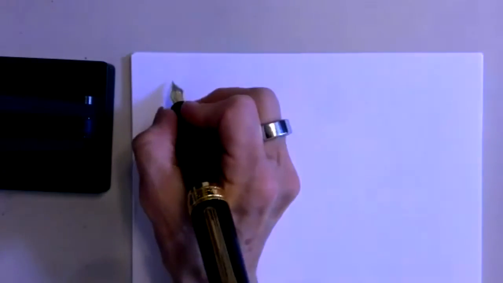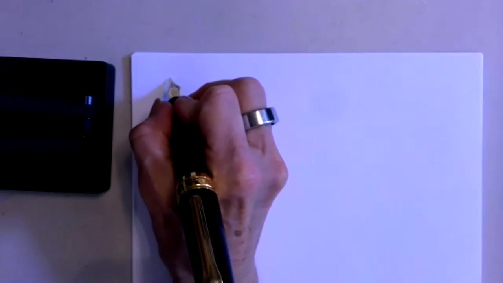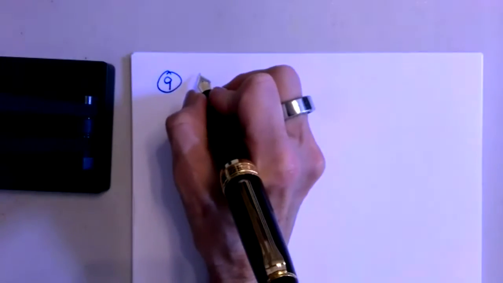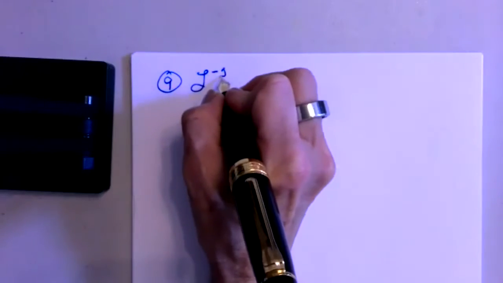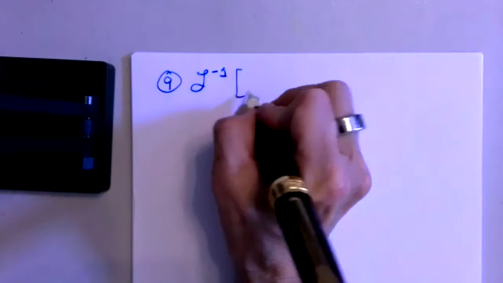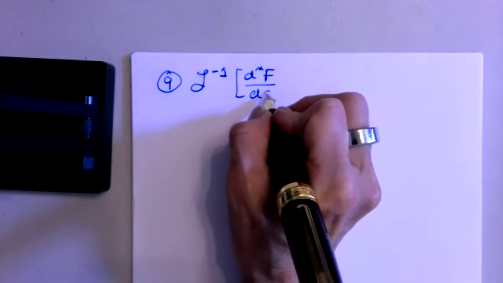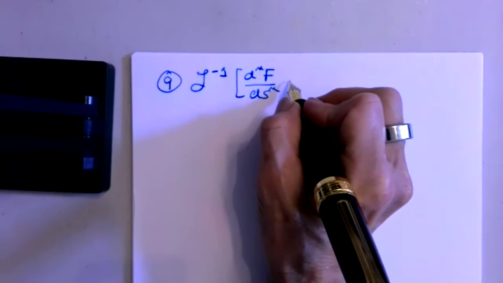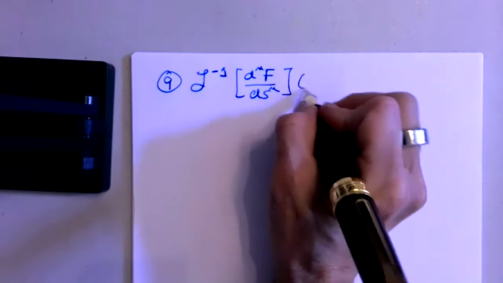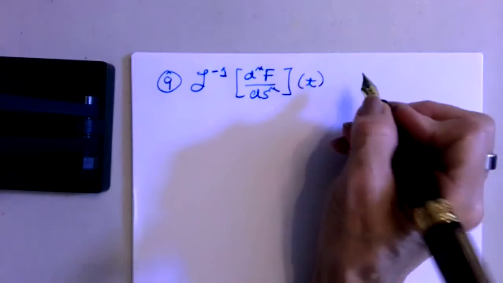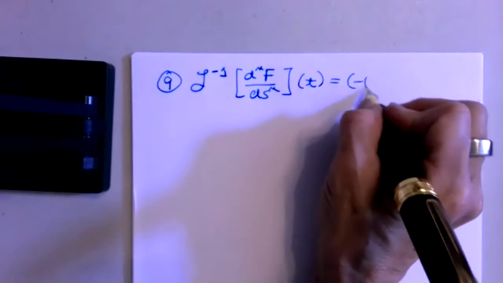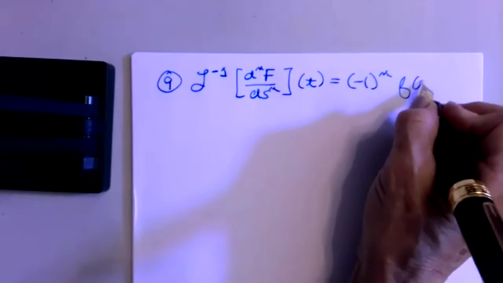Let me just copy the problem down first. The inverse Laplace transform of the nth derivative of the Laplace transform of f gives you back a function of t, which is -1 to the n times f of t.